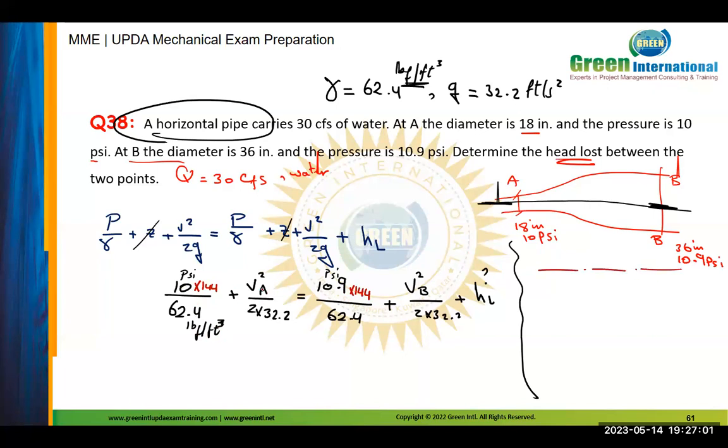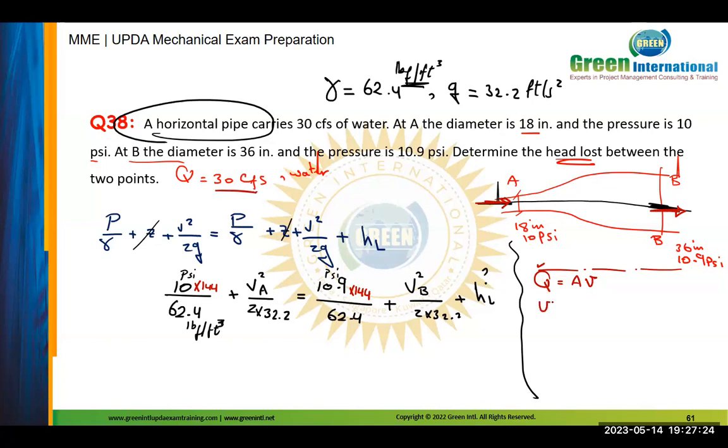Another point is how to get the velocity. Normally the continuity equation is always used together with the Bernoulli or energy equation. Q equals AV, and as per continuity, Q in equals Q out, so Q is constant here.